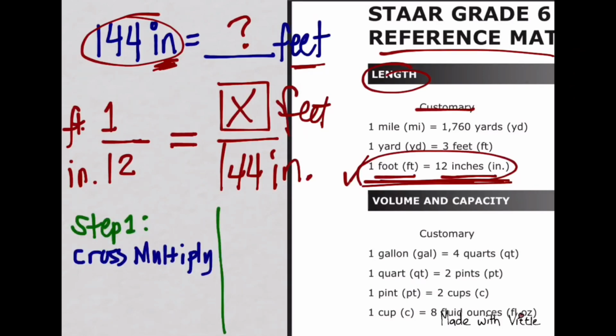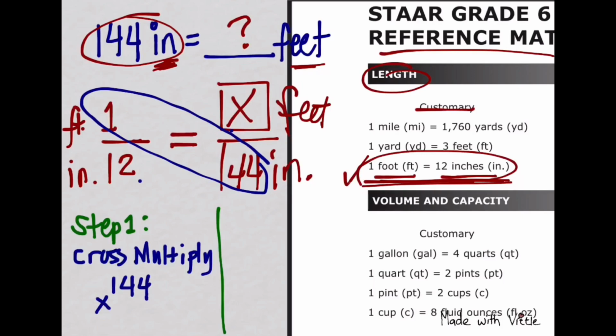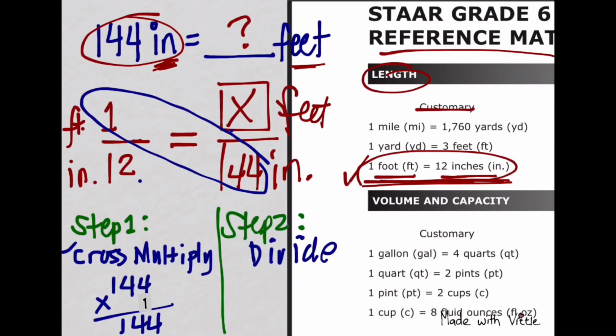The first step in solving a proportion is you cross multiply the ones that are there that you can cross multiply. So it's not the 12 and the X. It should be the 144 times the 1. So we all know that 144 times 1 will still be 144. So that is step 1, cross multiply. Now step 2 is divide.